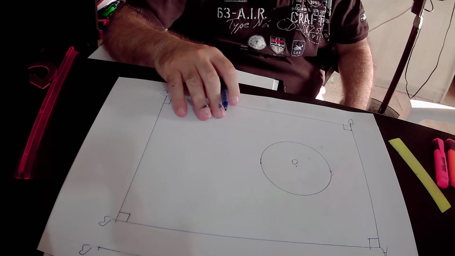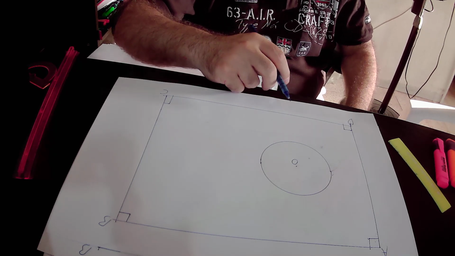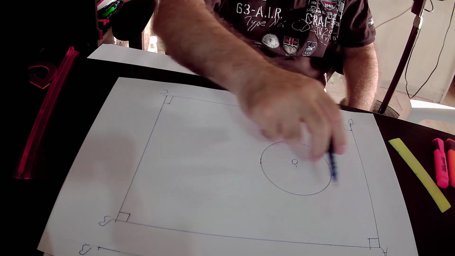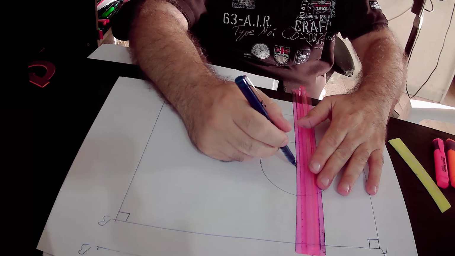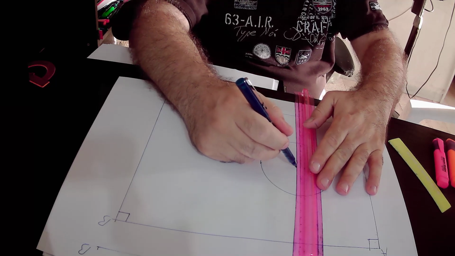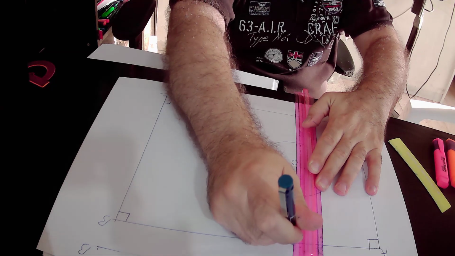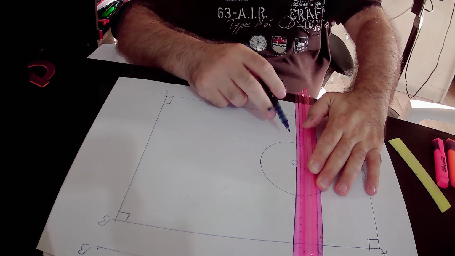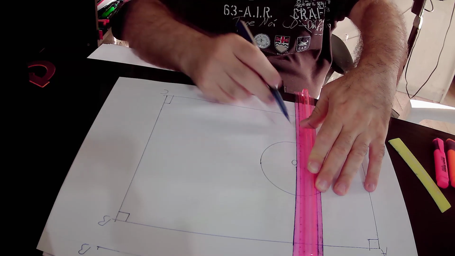In the next step, from the center of this circle, that is to say from point O, we will draw a perpendicular on AB. And we will extend the perpendicular from point O to DC.